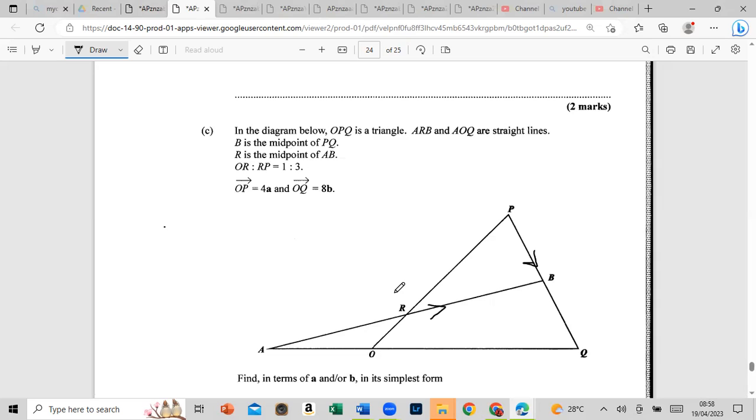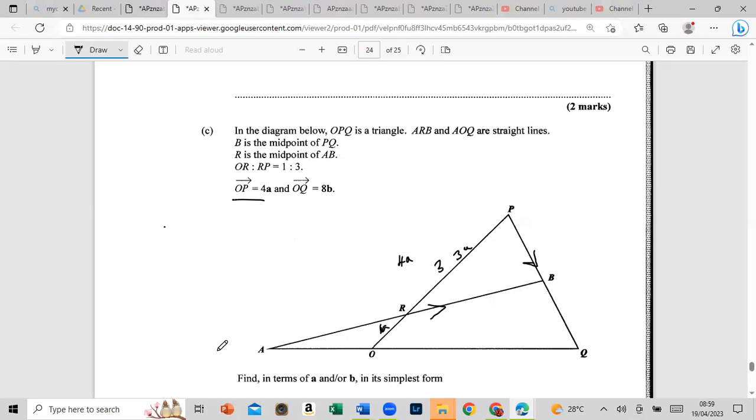Good. OR, so from O to R, is in the ratio 1 to 3. And they went on and said OP is equal to 4A. So all of this is 4A. But remember, it's in the ratio 3 to 1. So that makes this 3A and this part A. So that's the first thing.